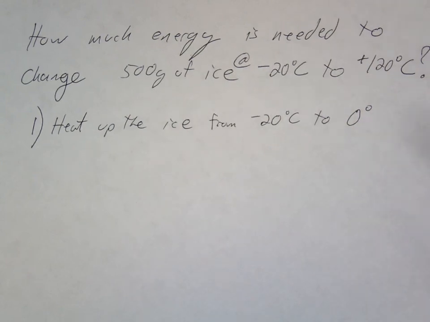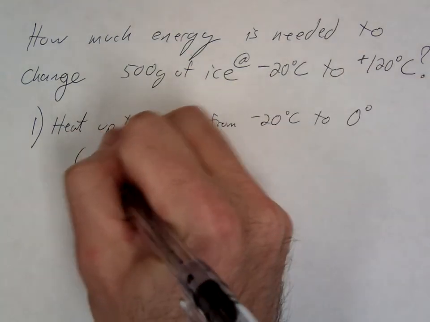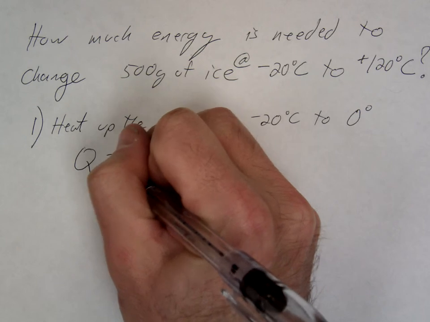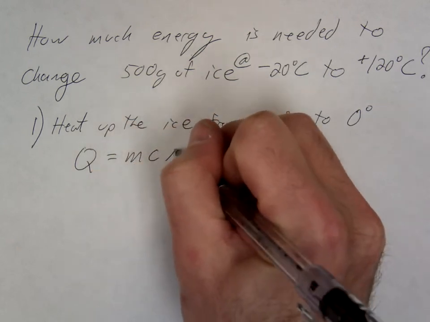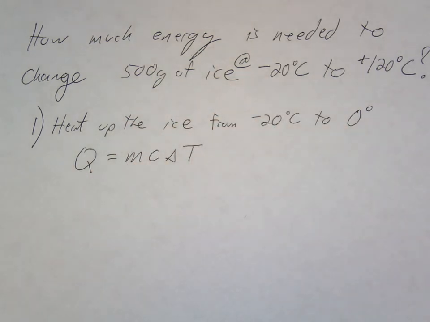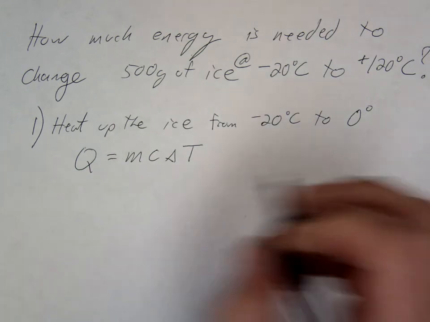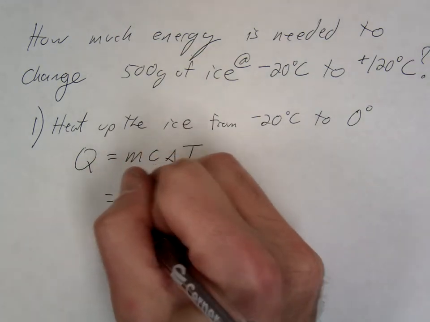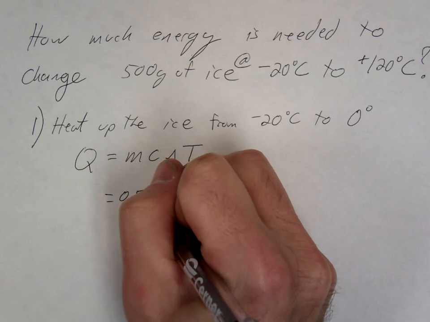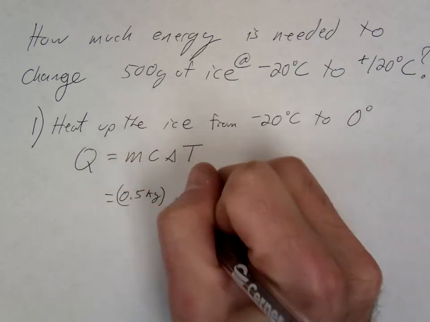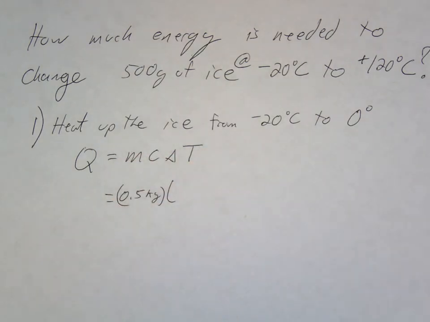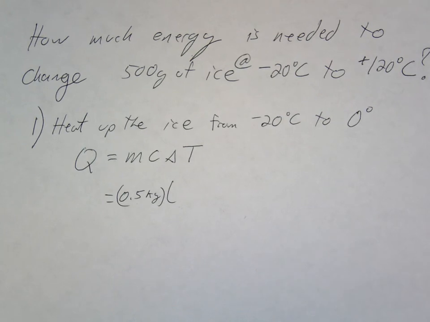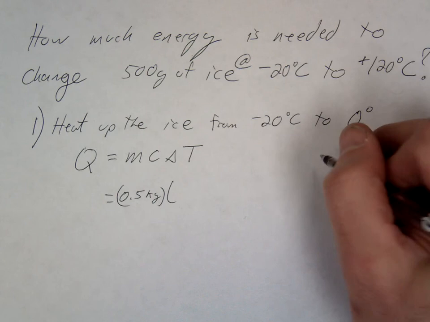Okay, so we're going to go from negative 20 to positive 20. So let's figure out how much heat it takes to do that. For this, we're going to be using Q = mCΔT. Okay, so the mass we said was 0.5. Now the C is a C for ice.